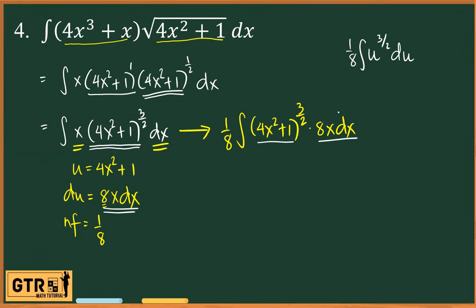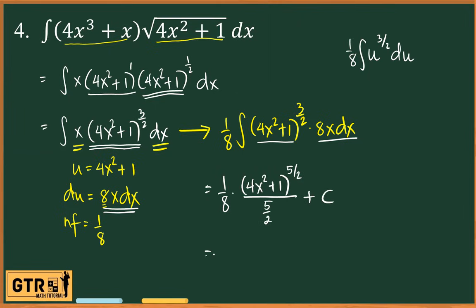Okay, so apply the u to the n du. We have 1/8, our u is 4x squared plus 1, so we have 4x squared plus 1 raised to 3 over 2 plus 1, that is 5 over 2, over 5 over 2, plus c.